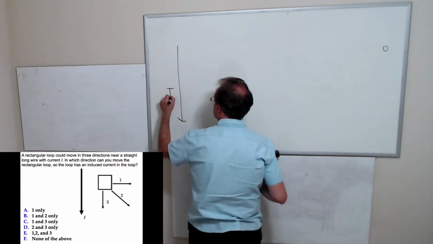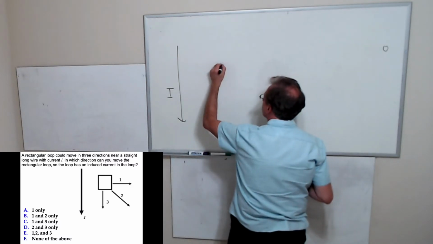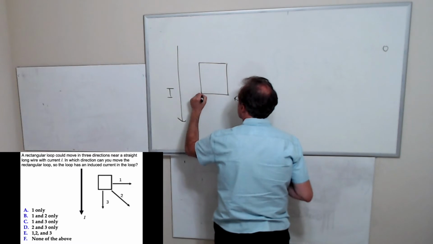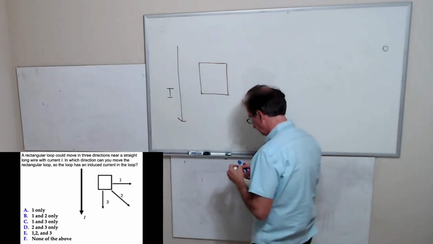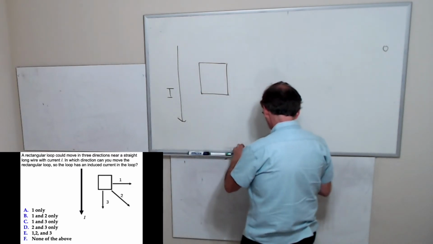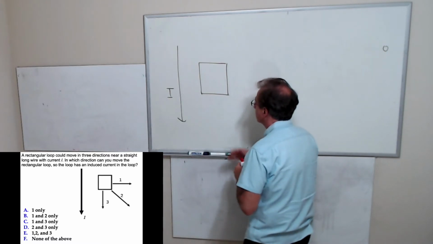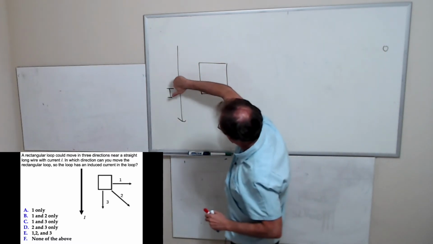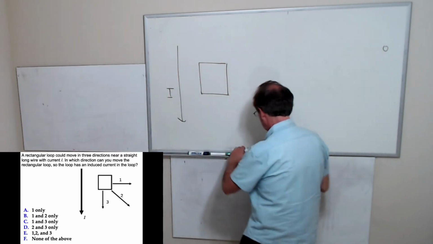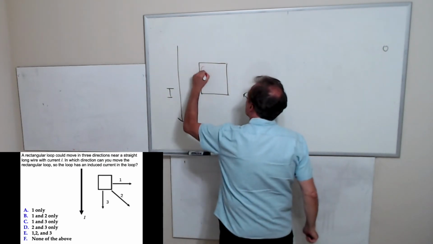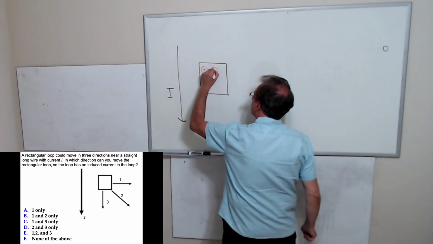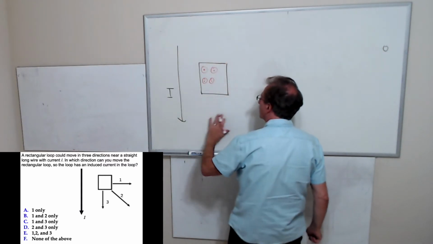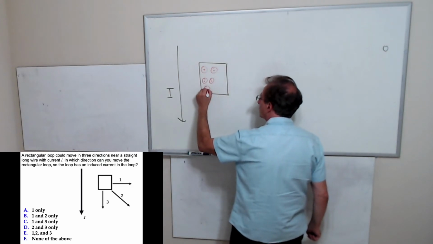You have current I this way, and you have a loop of wire like this. Which way is the magnetic field through here? Right-hand rule. The magnetic field's out of the board. So everywhere over here, the magnetic field is out of the board.